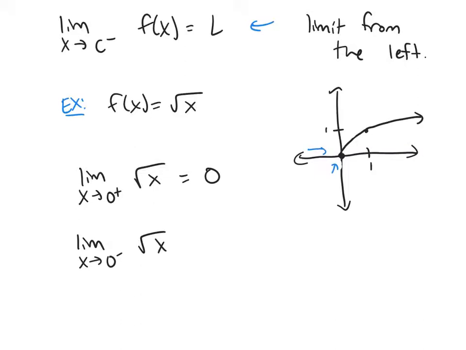I don't have a graph, and so this limit does not exist. So when you're looking at one-sided limits, you're only looking at one side. You're either approaching from the left only or the right only.